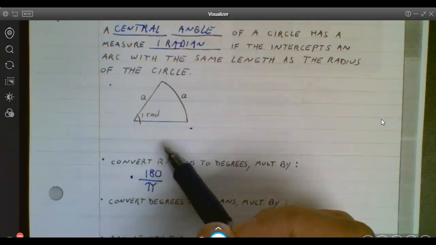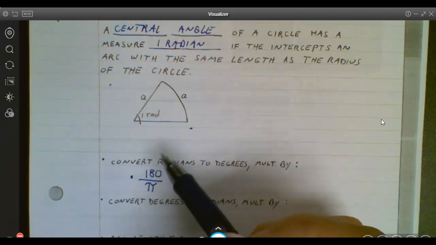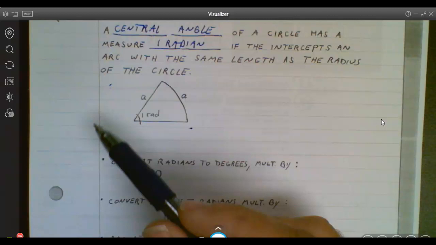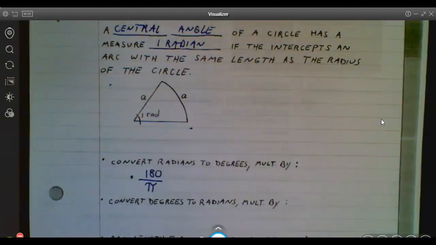We're thinking about circumference. If you were to travel the entire circumference of a circle, we know it's 2 pi r, and if the radius is 1, 2 pi takes you all the way around. So if you only went half the distance around, that would be pi, which is the same thing as 180 degrees. And so that's where the conversion ratio comes in.